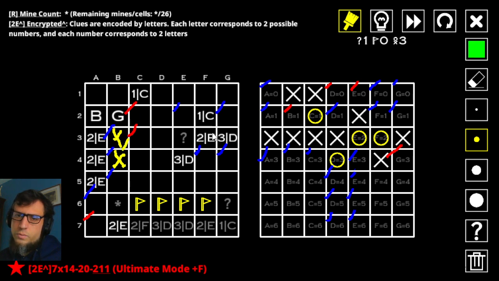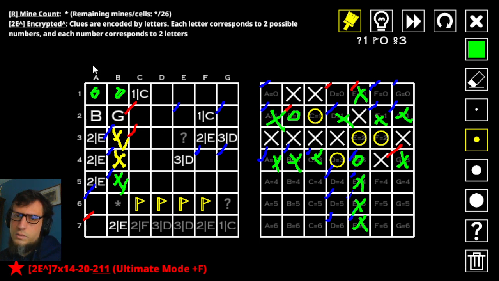I can probably open up a sideboard saying like, oh, what if the other option for E is 3? Or actually, what if this is a mine? Then the other option for E is 3. And then nothing else is allowed to be 3. And guess what that means? B has to be 1. Because it's not allowed to be 3. Which means both of these are gone.